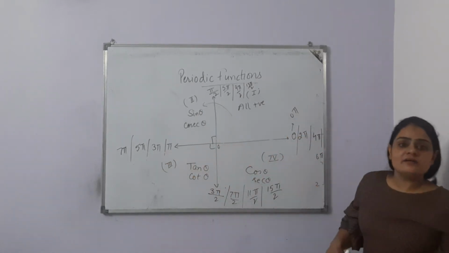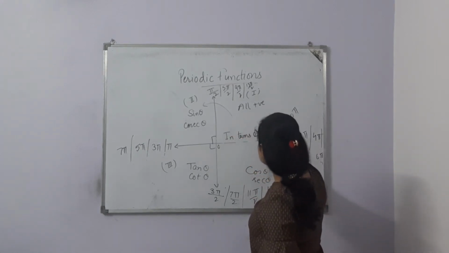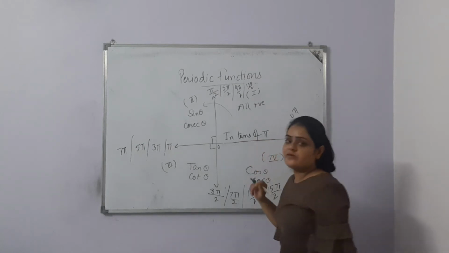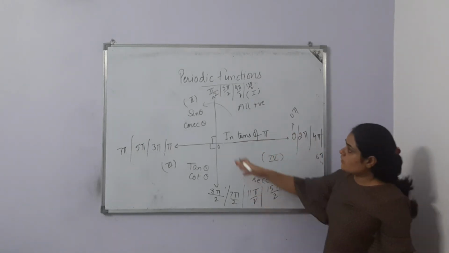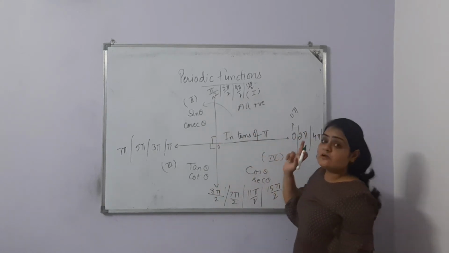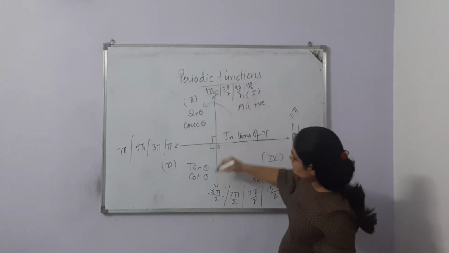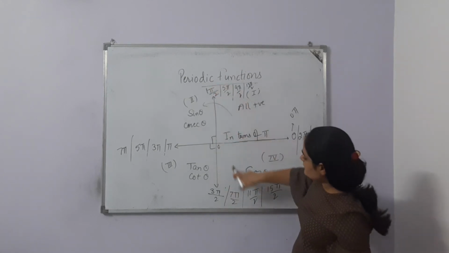All angles are in terms of pi. On the x-axis, we are getting angles in terms of pi. And on the y-axis, we are getting angles in terms of pi by 2. How? Here it is 1 pi by 2, 3 pi by 2, 5 pi by 2, 7 pi by 2.